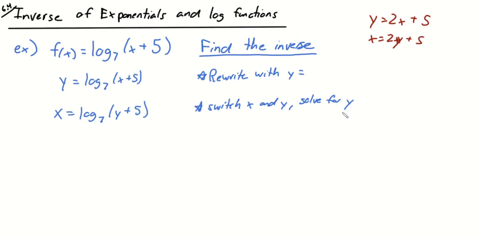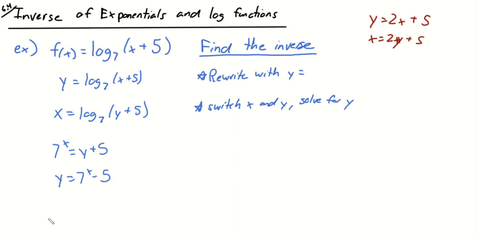Switch it. But I need y all by itself. So what happened when I switched it? What is my exponential function? Okay, 7 to the y equals x plus 5. And then I have to get y all by itself. So what do I have to do? So I get y equals 7 to the x minus 5.